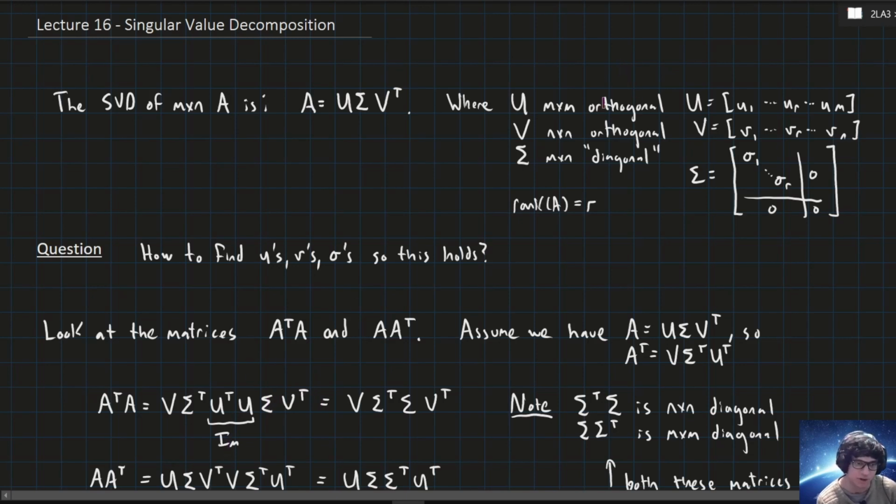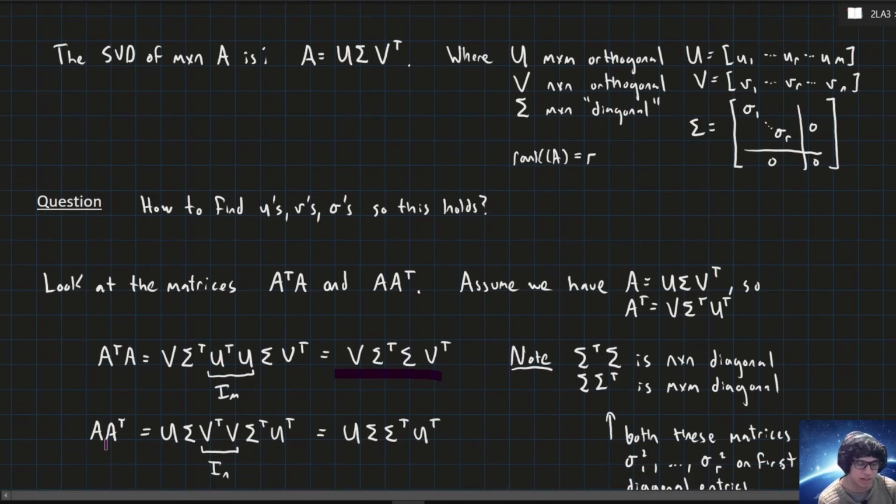Since U is orthogonal, this just becomes the m by m identity, so that part goes away and I get this expression. A times A transpose is very similar, except now I get V transpose V in the middle. That becomes the n by n identity, and I get this expression.